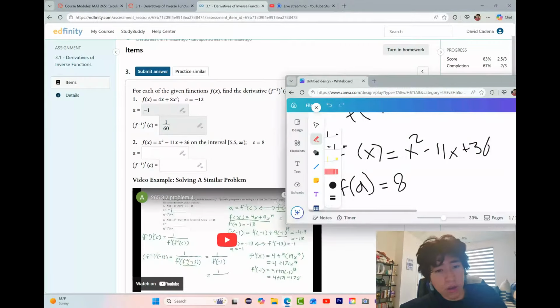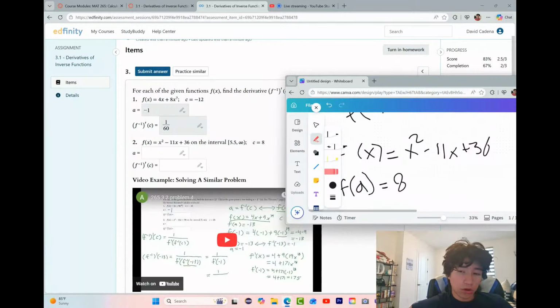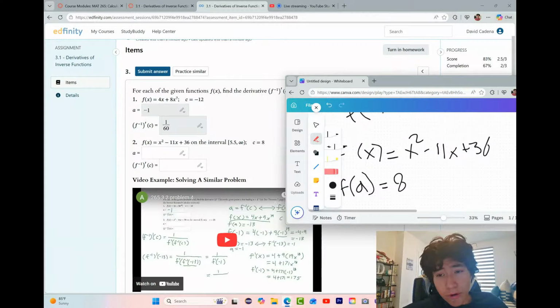We need to get 8. So how about we plug in 2? 4 minus 22 is going to be negative 18. Negative 18 plus 36 is 18. So no. We plug in 3. 3 squared is 9. 9 minus 33 is 24. Negative 24 plus 36 is 12.